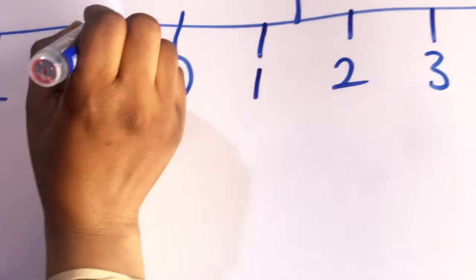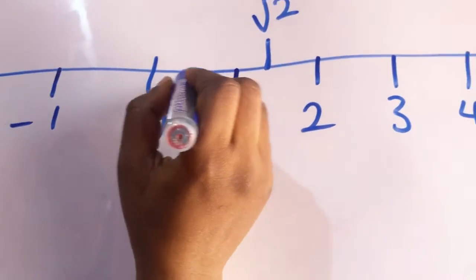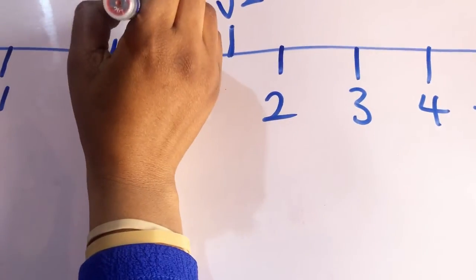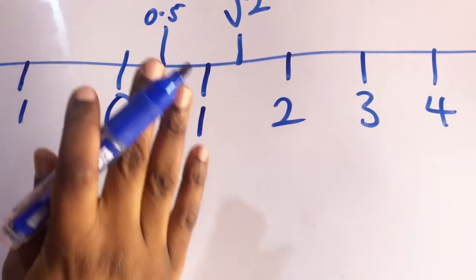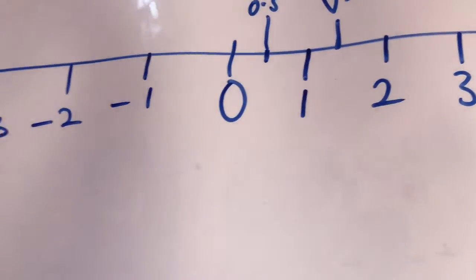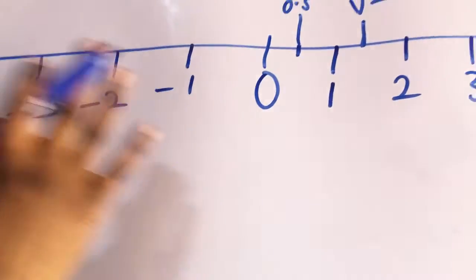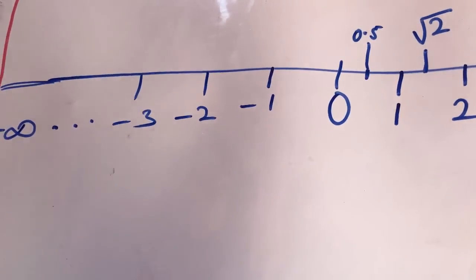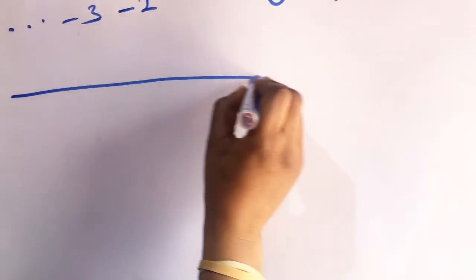You can have 0.5 here, which is rational, and so on. So these real numbers consist of all rational and irrational numbers. So this table represents all the real numbers.